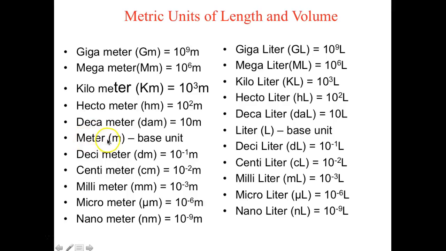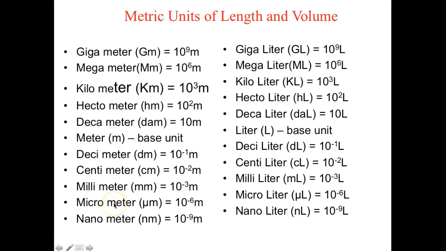So you can see the base unit for length is the meter, right? 1/10 of that base is the decimeter. 1/100th of the base is the centimeter. That means there's 100 centimeters in a meter. There's 1,000 millimeters in a meter.